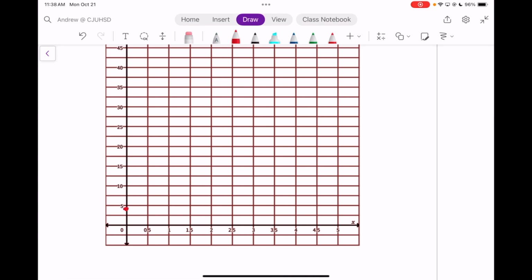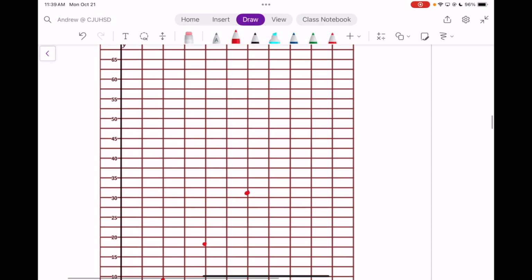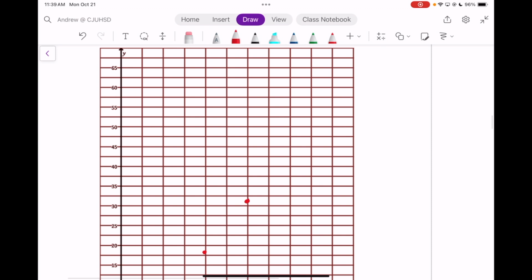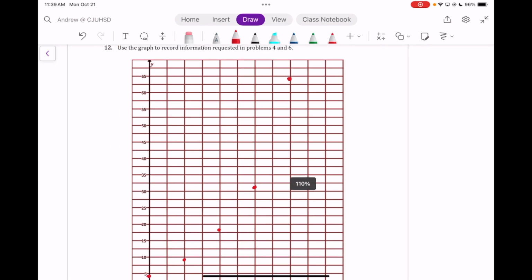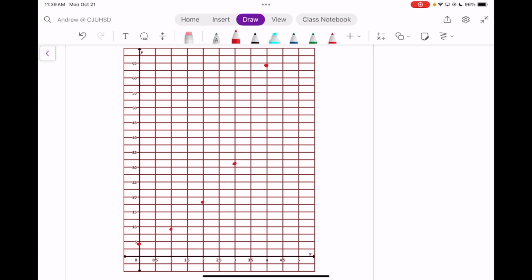So 0, 4, and then 1, 8, 2, 16, 3, 32, and 4, 64, way up here. So it looks like that.